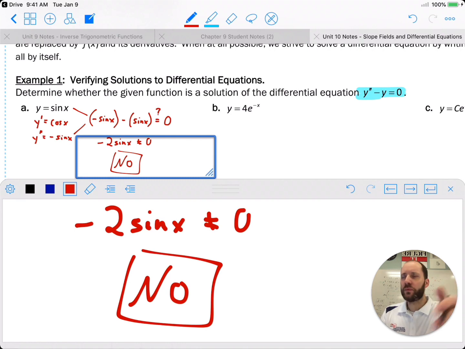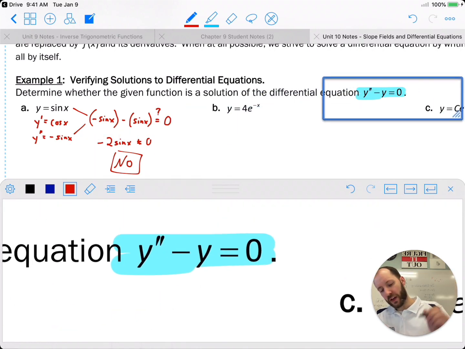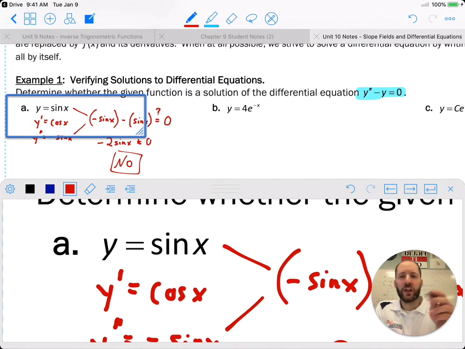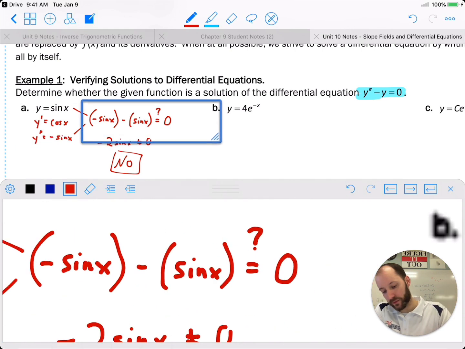Now, some things you can discover. Okay, some patterns, like y double prime minus y. There's no other coefficients, no other variables being multiplied in or introduced. So look at our three cases. Sine, its derivatives all kind of cycle through the same values. Sines, cosines, positives, negatives.